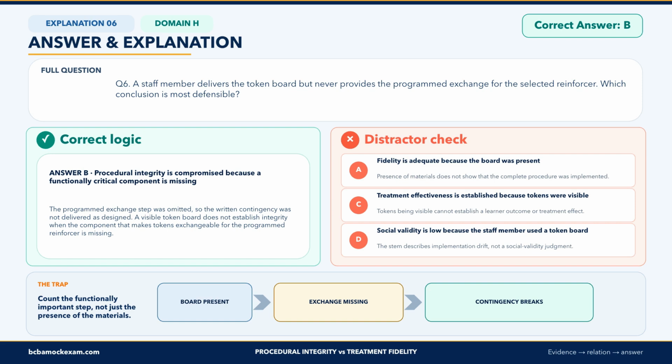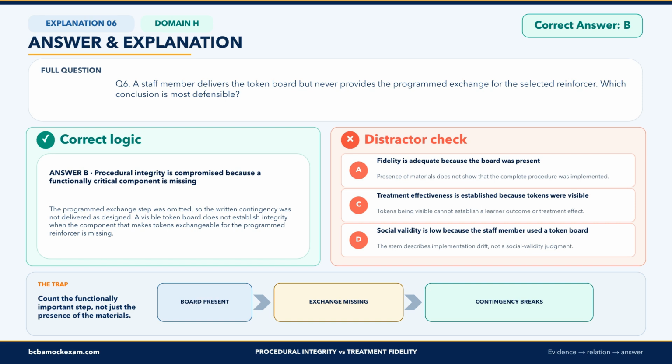Choose B. Procedural integrity is compromised because a functionally critical component is missing. The programmed exchange step was omitted, so the written contingency was not delivered as designed. A visible token board does not establish integrity when the component that makes tokens exchangeable for the programmed reinforcer is missing. The trap is to count the functionally important step, not just the presence of the materials.